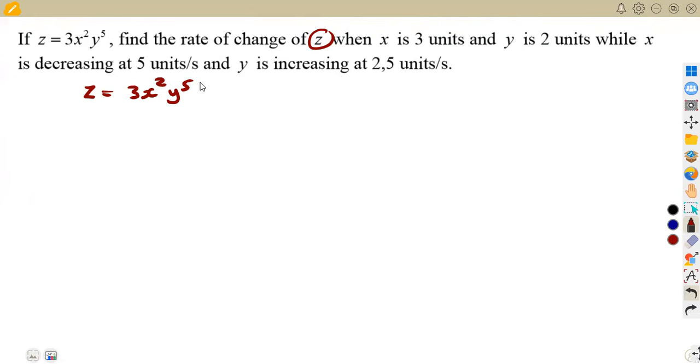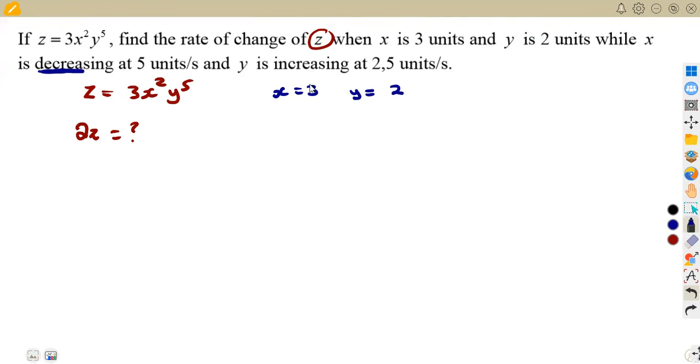So we are given z, and we are asked to find the rate of change of z, which we can write in short as the change in z, the derivative with respect to z. This is the one we are being asked, on a condition that x is 3 units and y is equal to 2 units, while x is decreasing.